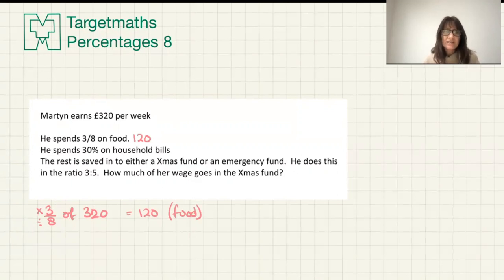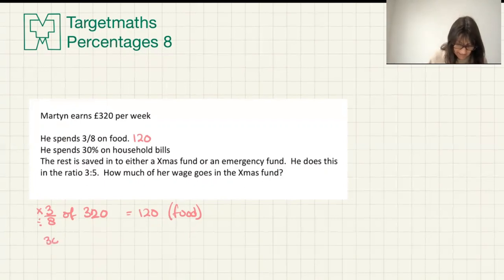So the next line says he spends 30% on his household bills. Now, some students start to work 30% of the 120 out. We don't want to be doing that because we're not being told it's 30% of the food money that goes on his bills. It's just 30% of his wages that are on the household bills. So we're going to be finding 30%.